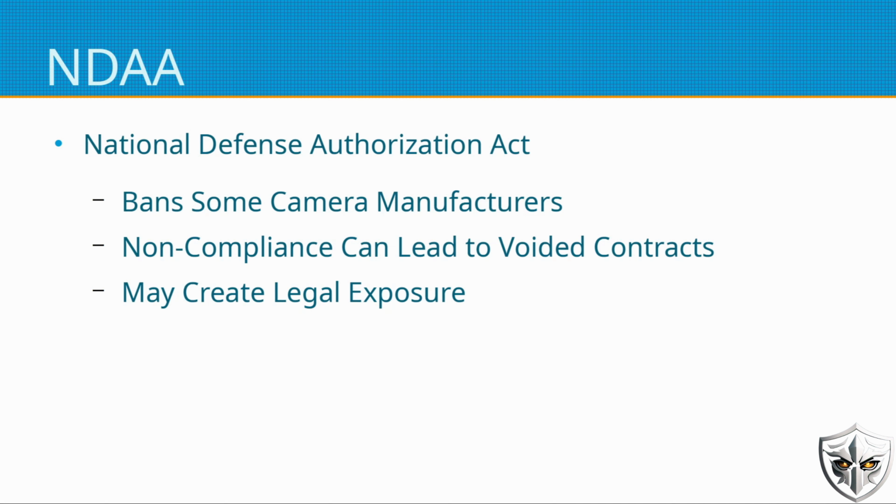NDAA compliance is a big one. The National Defense Authorization Act has been around in multiple forms since 2001. Most recently, I believe under the Biden administration, maybe even earlier than that, they banned Hikvision and Dahua and the third brand, I think it was Huawei or something like that.